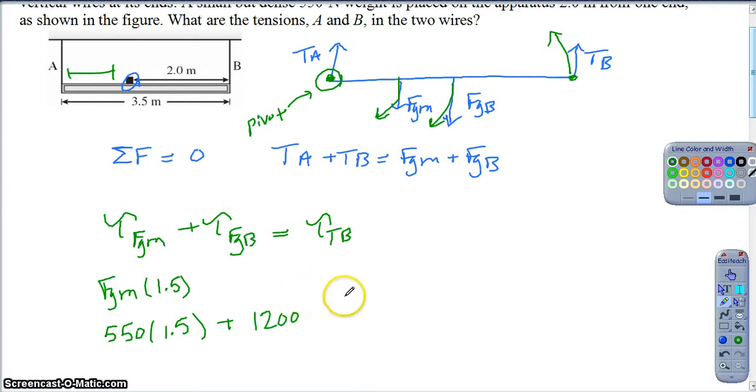Right? So the uniform beam itself, and then its force of gravity would be acting from the center, so from 1.75 meters from the pivot point of A, right, half of 3.5. And then that would be equal to the tension B, which I don't know, which acts the entire 3.5 meters away.